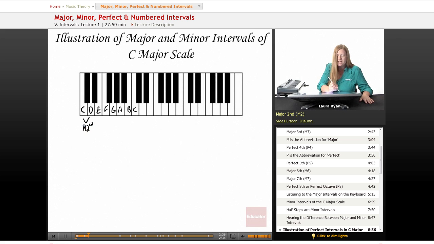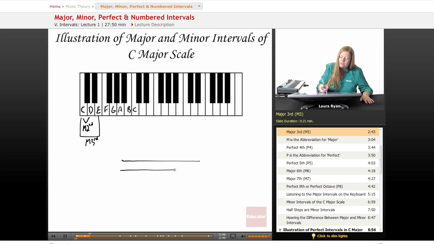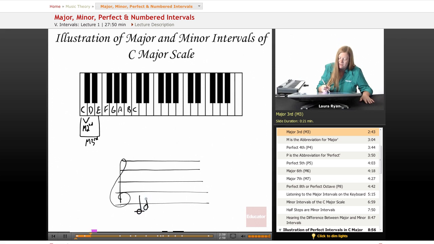From C to E, this is a major third. Major third. Okay, let's illustrate it on the staff. It's a little simpler. From C, below the treble clef staff, to D. This is a major.